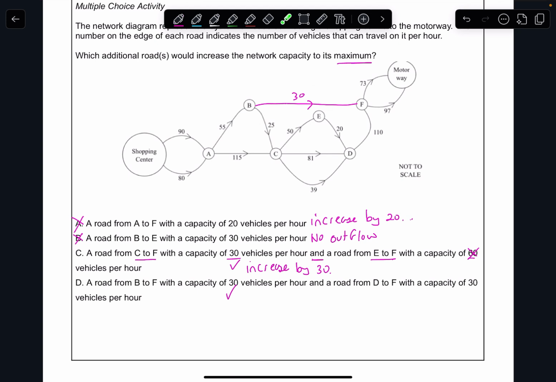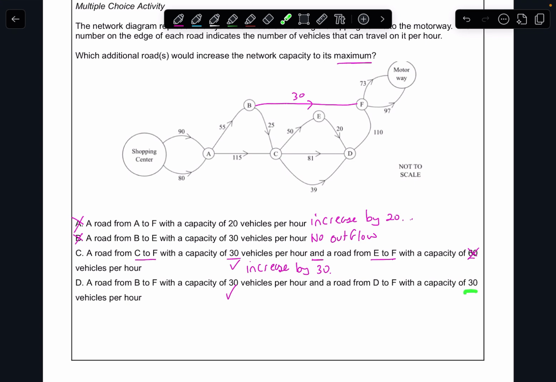Then the second one says D to F with a capacity of 30. Now, the reason why that one works is it goes past the 110. So this is a bottleneck here, right? We've already got 110 coming through here. Because if I add that 20, the 81 and the 39, that's plenty going through there. So because that skips it, that means I can use this one here, which is 30. So that is going to increase by 30.